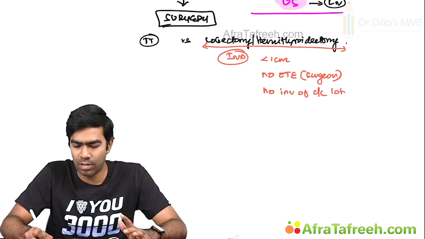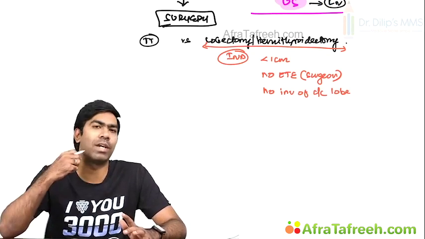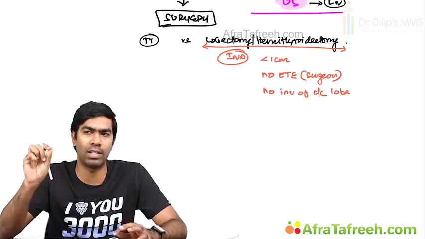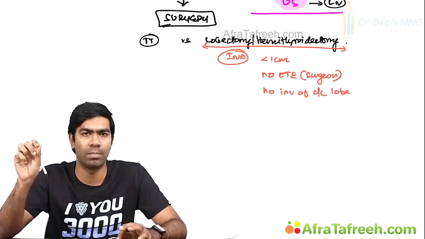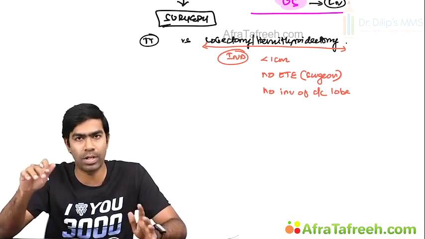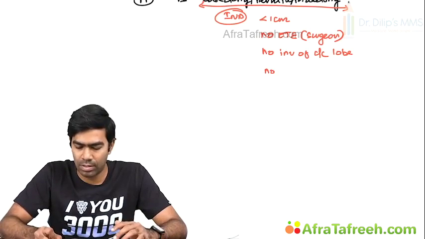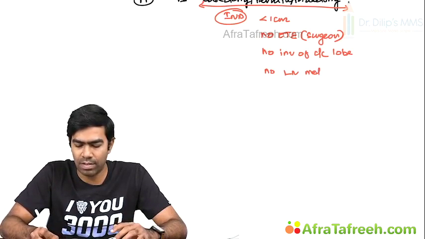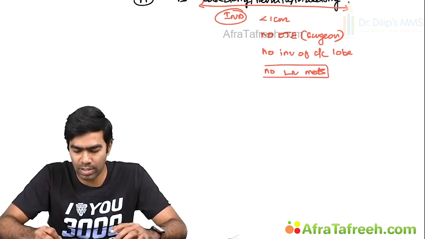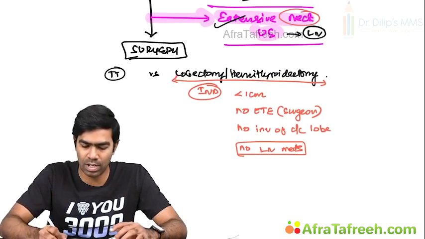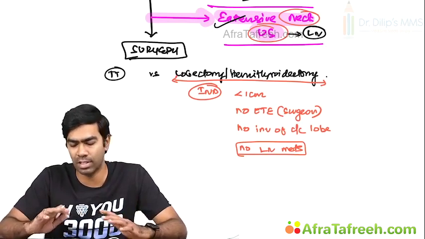Very commonly, PTC will have micronodularities in the contralateral lobe, and these kinds of micronodularities should not be palpated on table. So very, very important. And next, the patient should not have lymph node metastasis. Again, that's why this extensive, detailed neck ultrasound before surgery is really important.